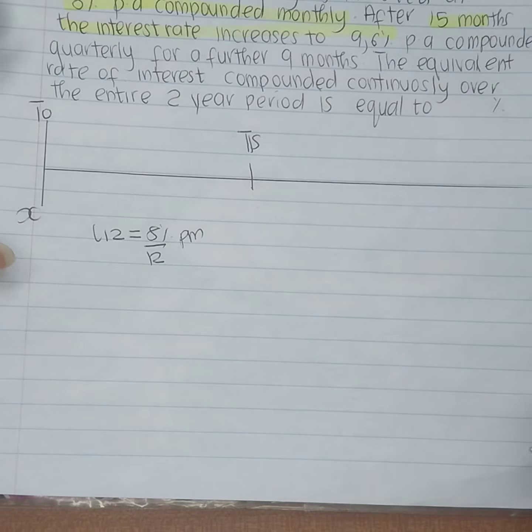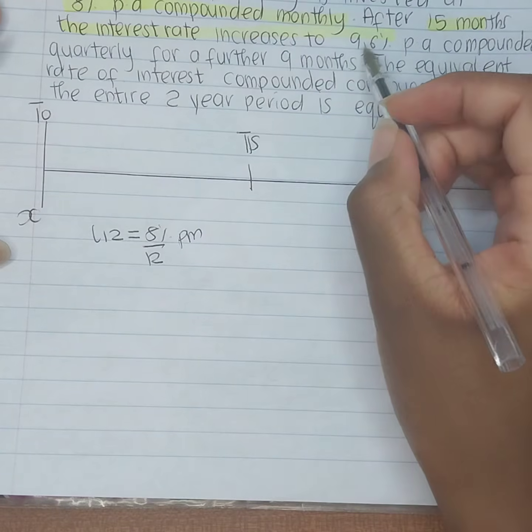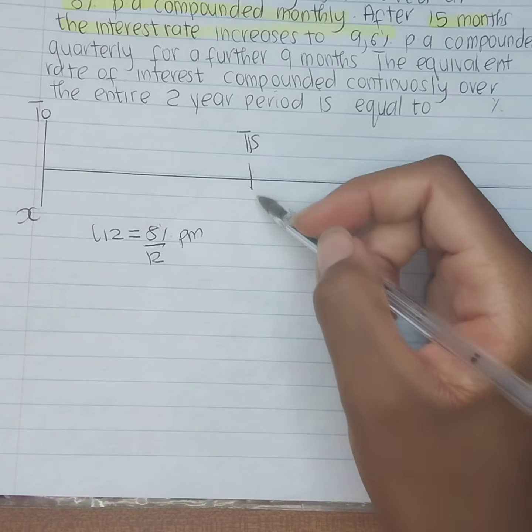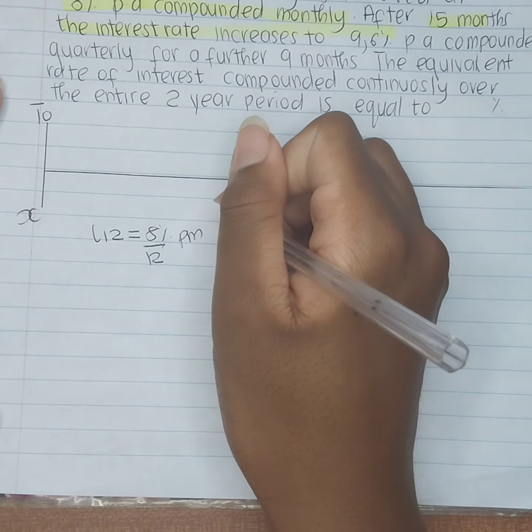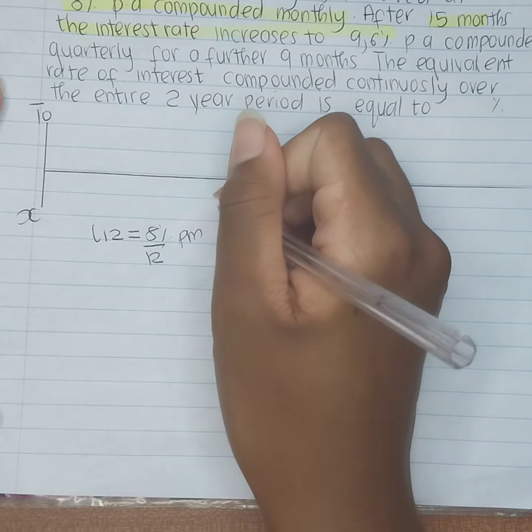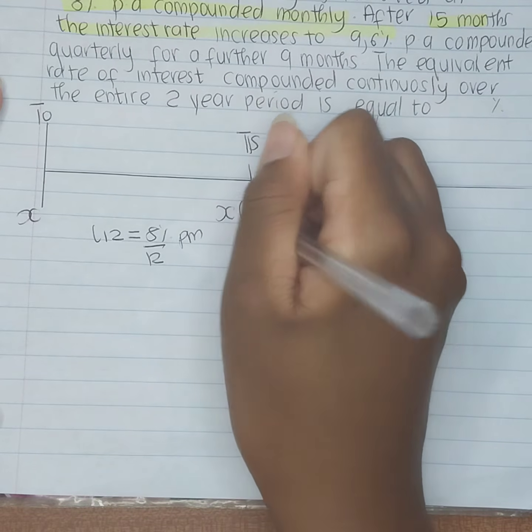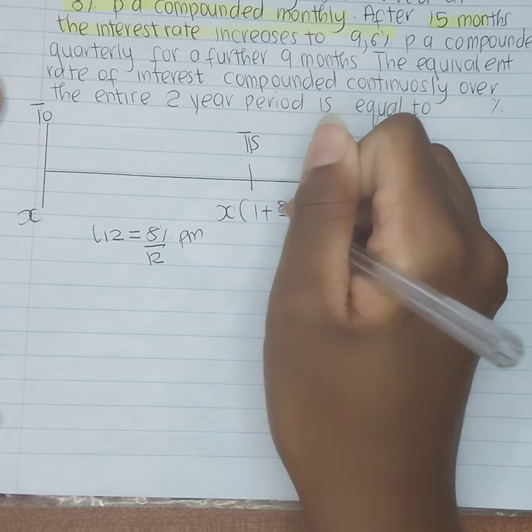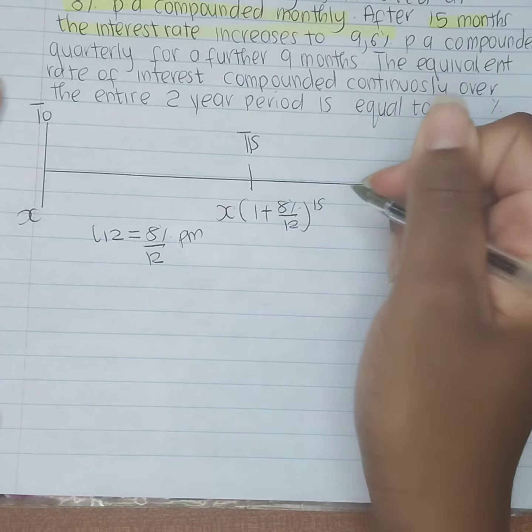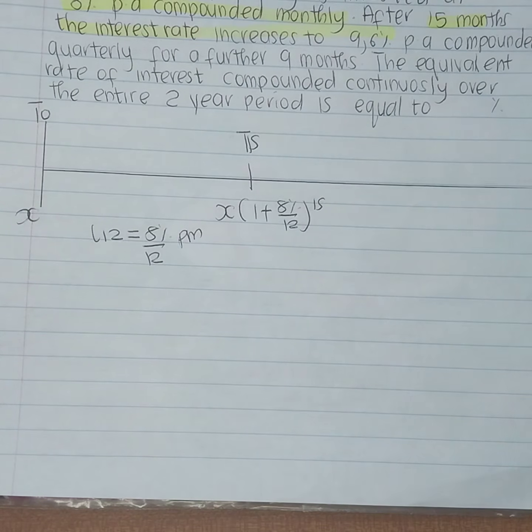Okay, and at this particular point, the amount of money that I invested is worth X times 1 plus 8% over 12 to the power of 15, because it's 15 months later, right?